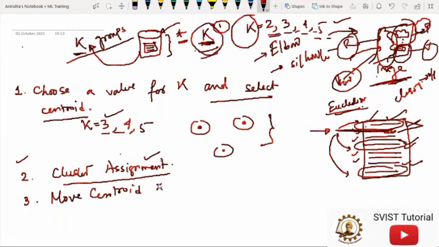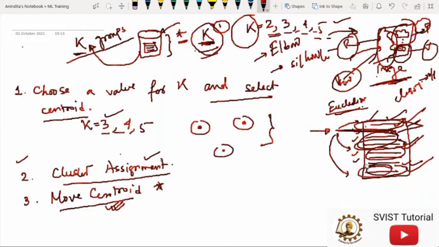At this point, the K-means algorithm will provide you some calculation to move the centroid from the initial position. So what will happen? Whichever points are selected as centroid initially, by using this formula of moving centroid, other points will now be selected as centroid.